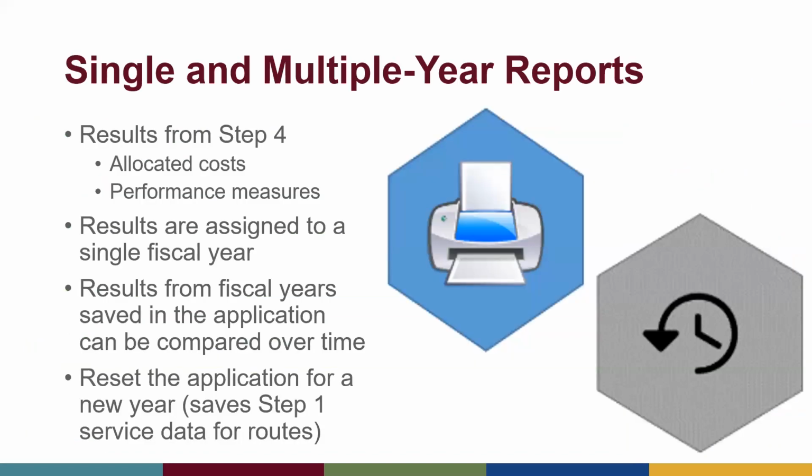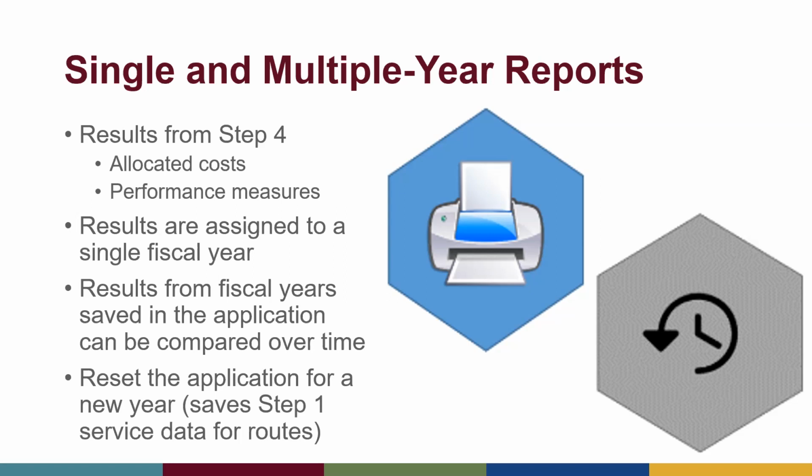So first, with the historical reports: we used to have just a single year that the calculator could produce, and then you would reuse the calculator for a different period of time. Now we have a single year or active year report and then the multiple year reports or historical range of years. Both of these come from the results in step 4 for your allocated costs and your performance measures.